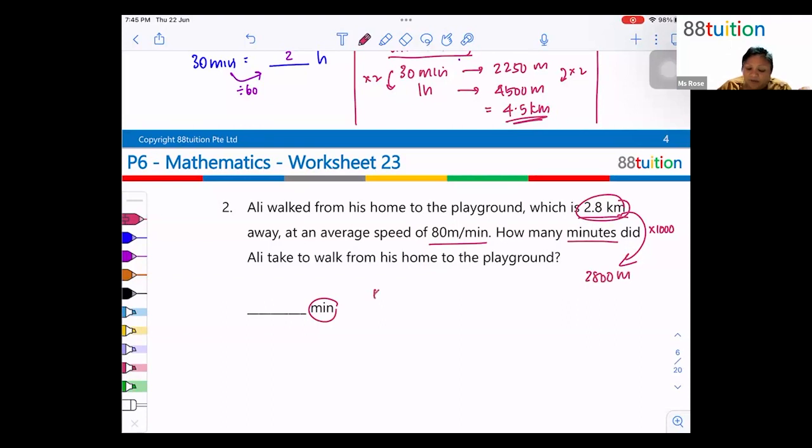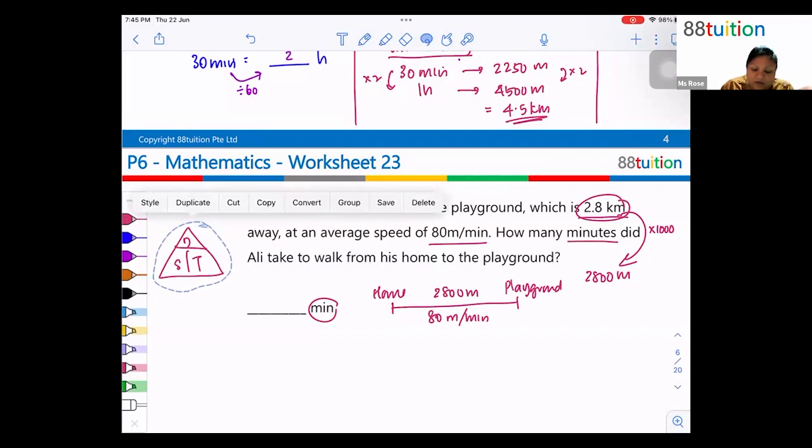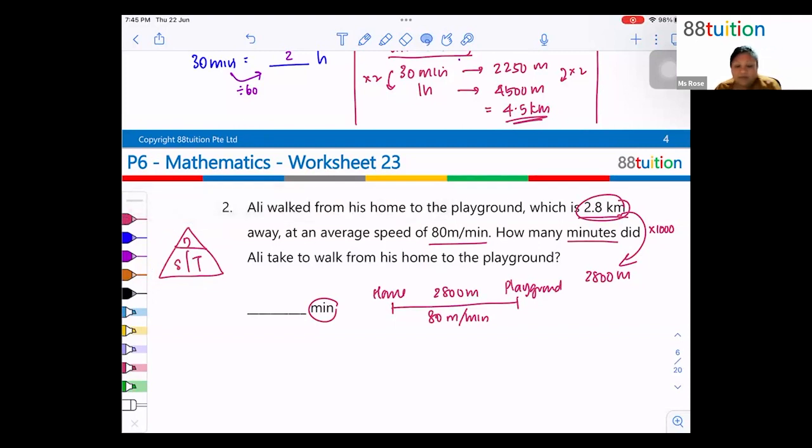So Ali walked from his home. He walked to the playground, which is 2,800 meters away, at an average speed of 80 meters per minute. Now, if you were to draw the triangle, so that you don't need to remember the formula, if I have distance and I have speed, what can I find?